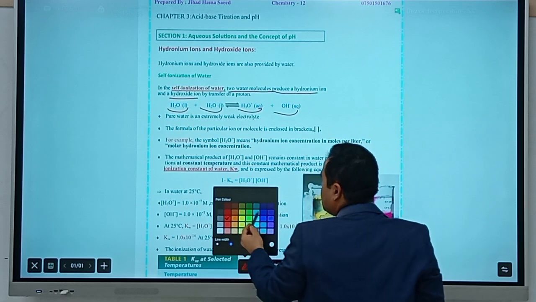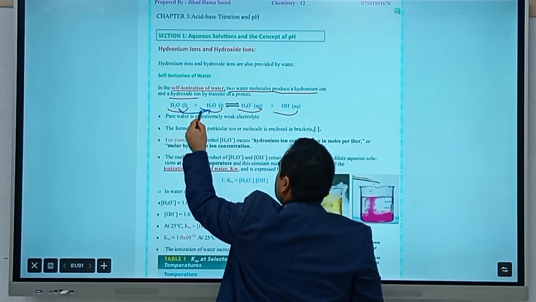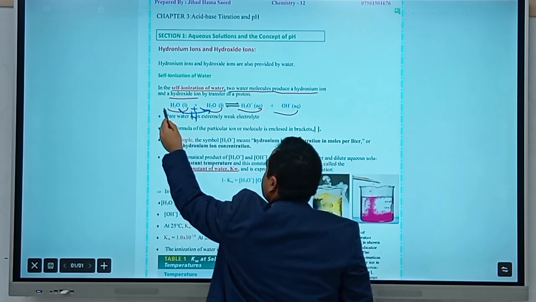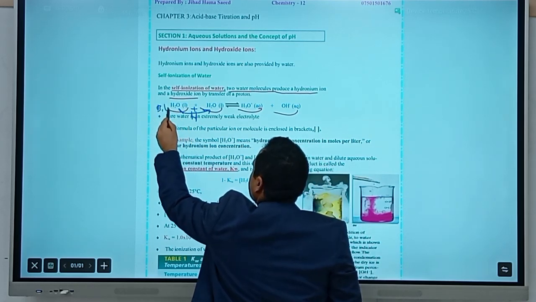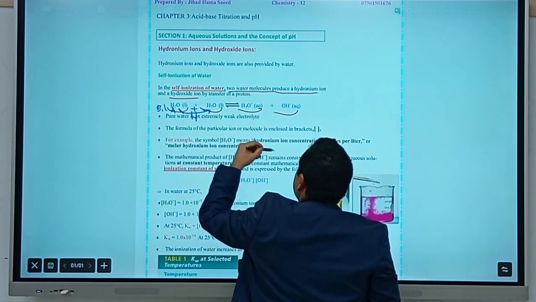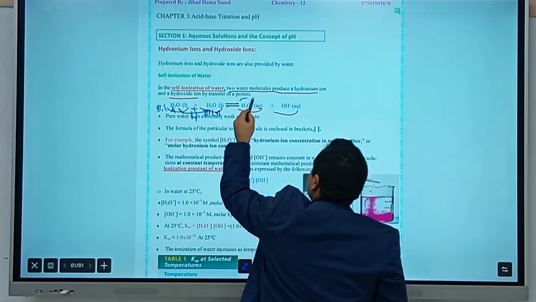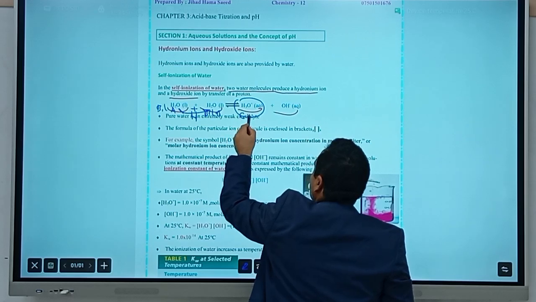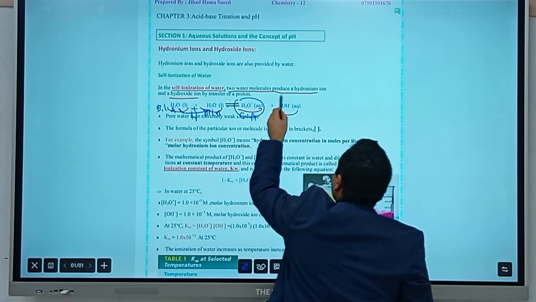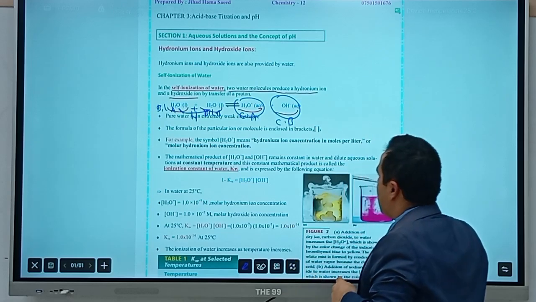In this reaction, one of the H2O is the donor of the proton and becomes a Brønsted-Lowry acid, and the other is the acceptor of the proton, which is the Brønsted-Lowry base, and produces hydronium, which is the conjugate acid of H2O, and hydroxide, which is the conjugate base of H2O as well.